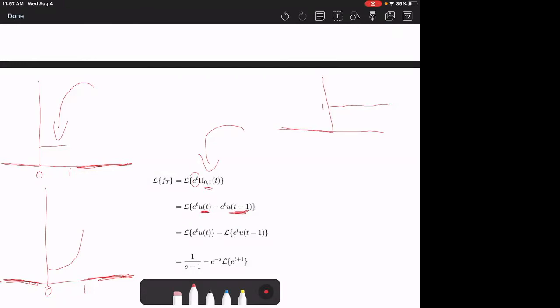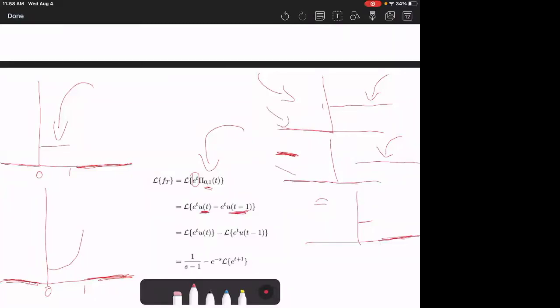If I were to take the unit step function of t and subtract u of t minus 1, so take this and subtract this function, that's going to equal this function, where this 1 minus this 1 just gives us 0.